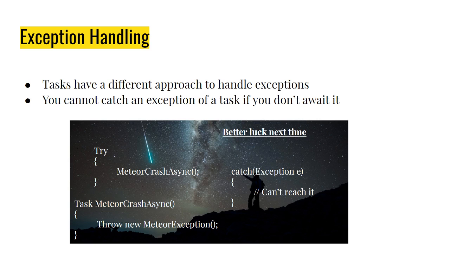Asynchronous programming requires a different kind of exception handling because you cannot catch an exception if you don't await it. Consider the following. You have a try and a catch. You try to catch an exception of an asynchronous method that you did not await.